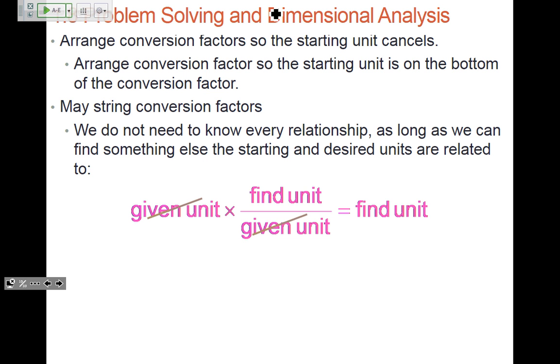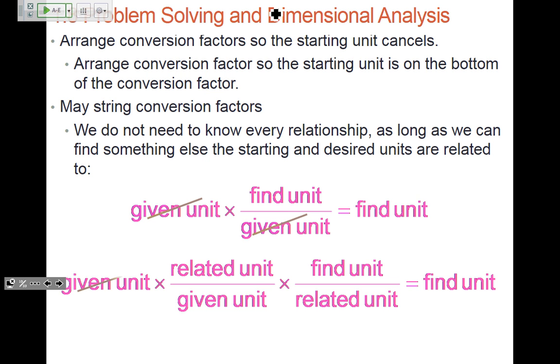Because remember, centimeters divided by centimeters equals 1. So that's what we're doing. And then you can do a string as long as you have a relationship that relates different units. I'm going to be showing actual examples with this because for me, examples mean more than just reading this. So this is the theory, but I'm going to show the actual examples.